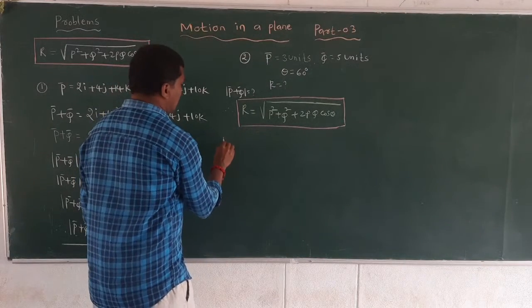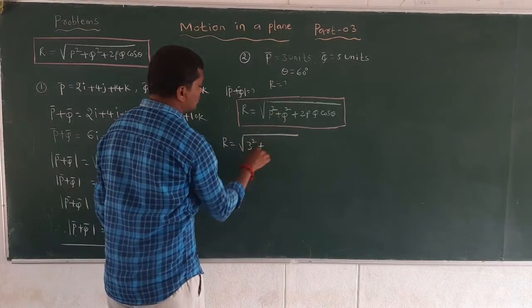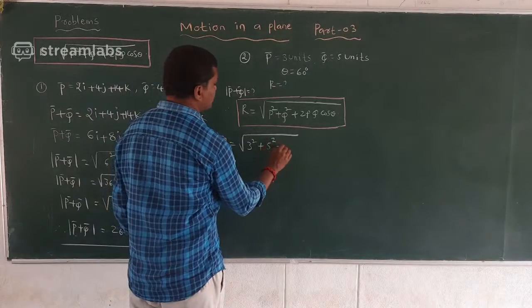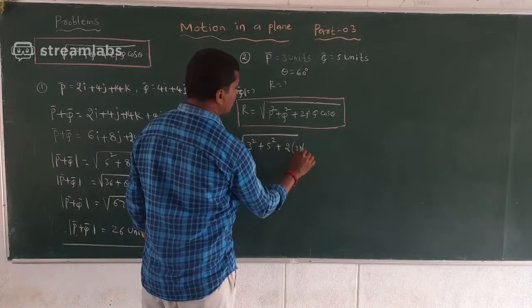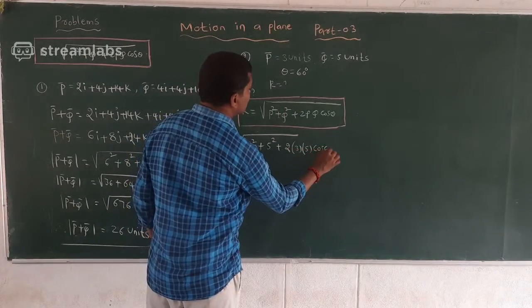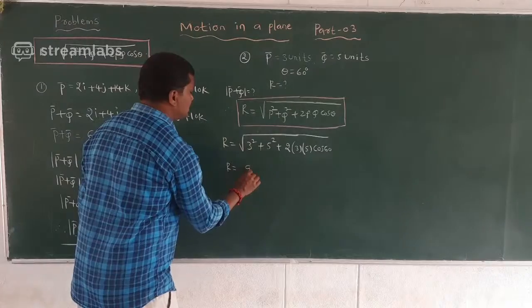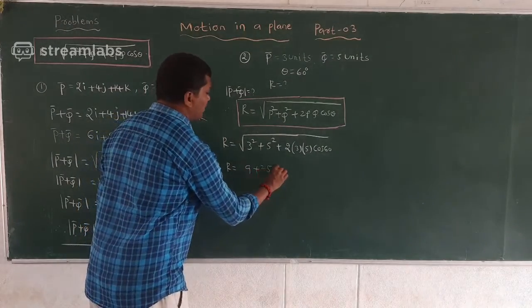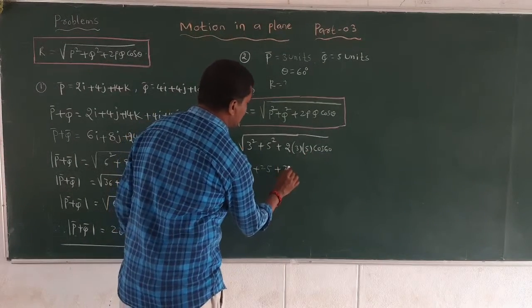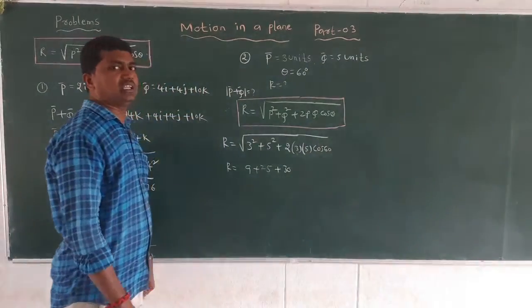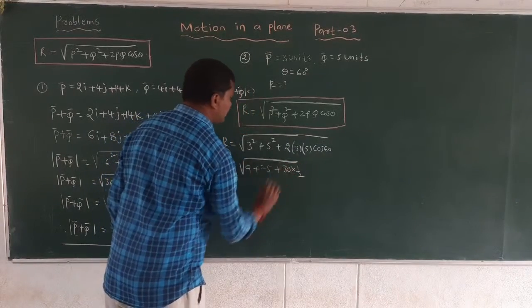So R is equal to under root of 3 square plus 5 square plus 2 into 3 into 5 into cos 60 degrees. Where 3 square is 9, 5 square is 25, plus 2 into 3 into 5 is 30, and cos 60 is equal to 1/2.